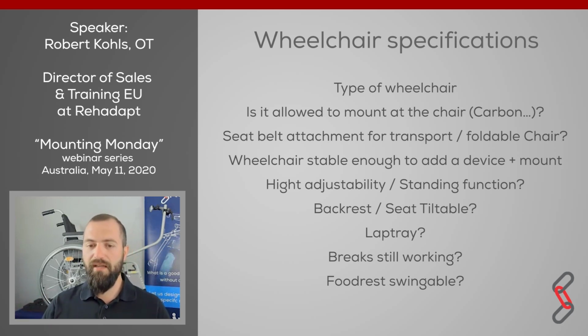Is there a lap tray? Are the brakes still working? Is the footrest swingable? I know this is very theoretical, and for all the ones that watched the presentation last week, this is something I'm repeating, but it is extremely important for every customer.